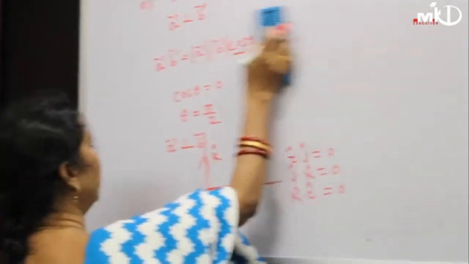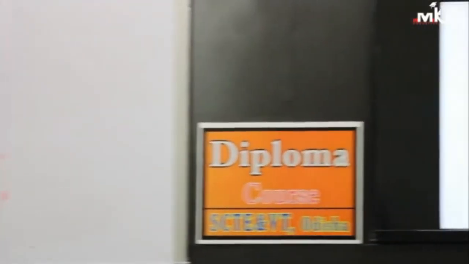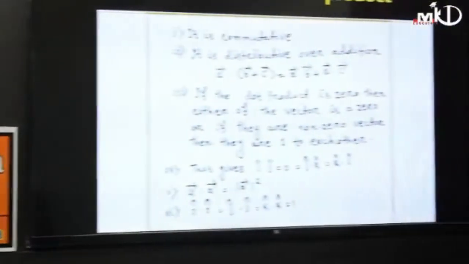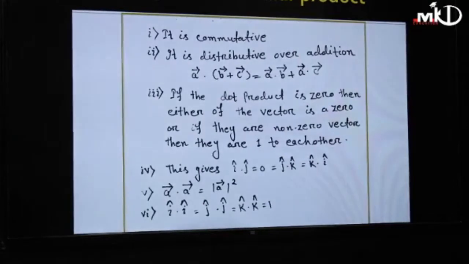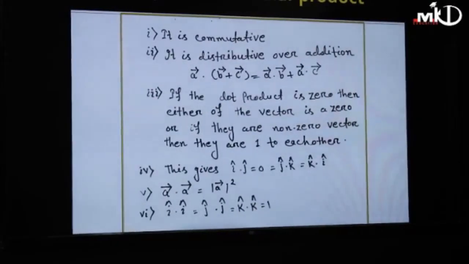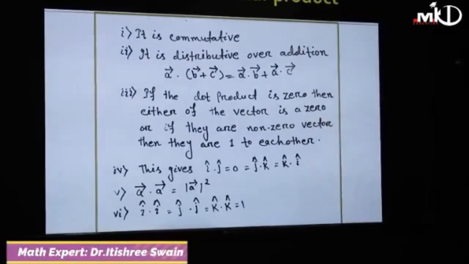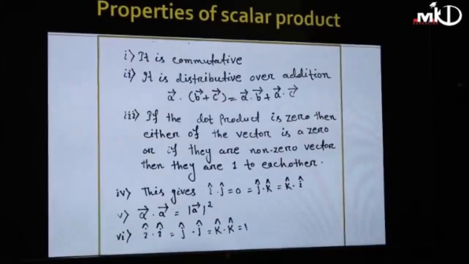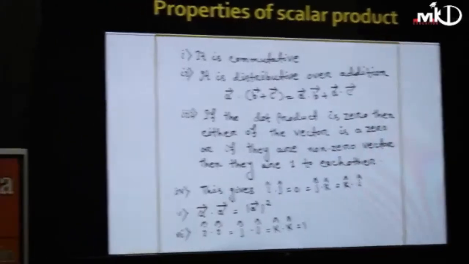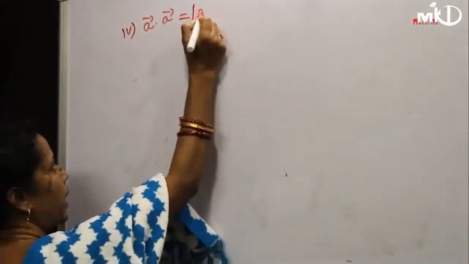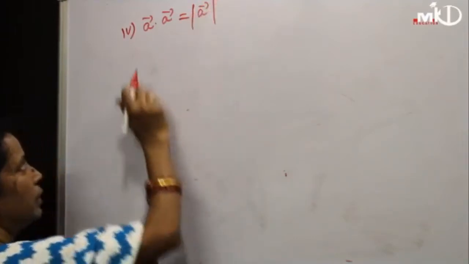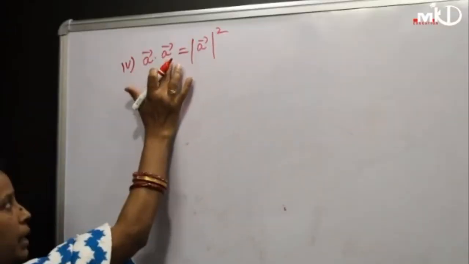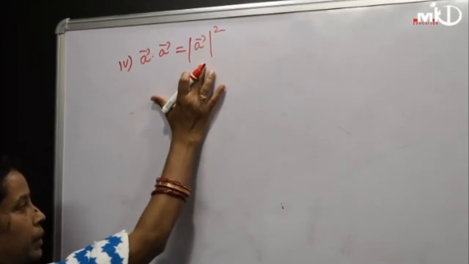The next property: the dot product of a vector with itself is the square of its magnitude. That is, a bar dot a bar is equal to the square of its magnitude.